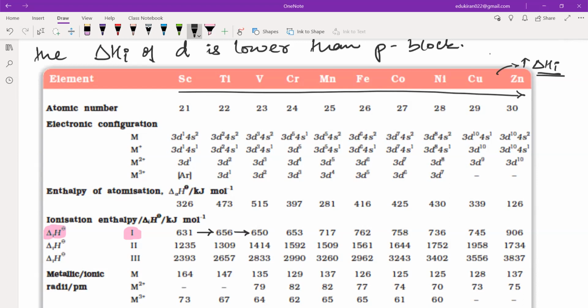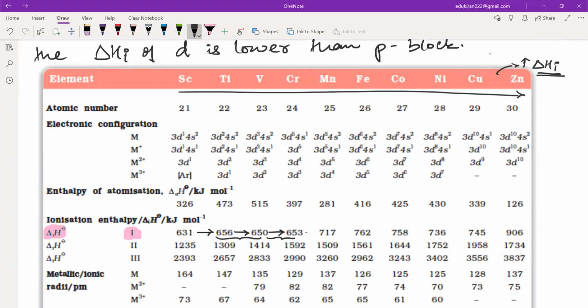There is a decrease, right? So we'll have to explain this part here. Then the next, increase, but still it is less than titanium. So chromium is less than titanium. That is also not logical.